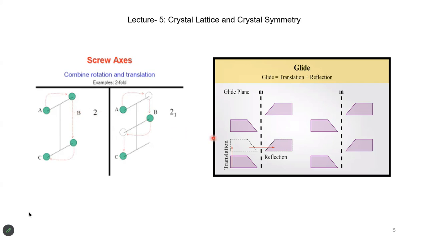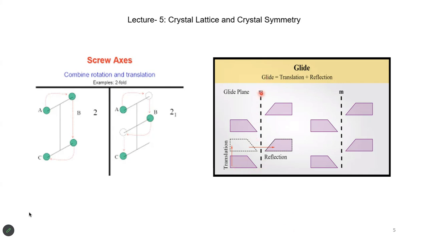Just to show you only one example. Now we go for the glide. We said first translation and then reflection. So what happens if it is a mirror plane, and this is our object, and we want to have a similar object, we should get this.